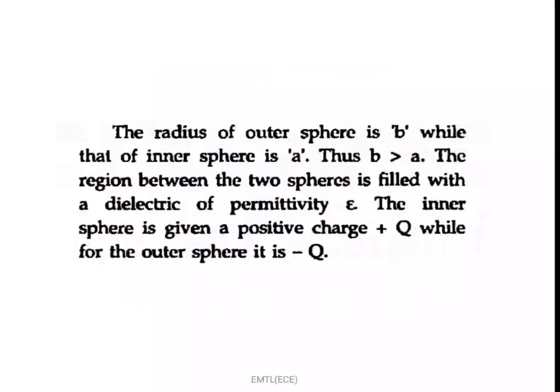The radius of the outer sphere is B, while that of the inner sphere is taken as A. That means B is greater than A. The region between the two spheres is filled with a dielectric medium with a permittivity of epsilon. The inner sphere is given a positive charge plus Q, while the outer sphere has a negative charge.